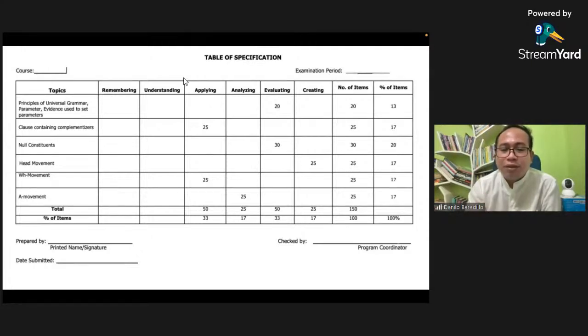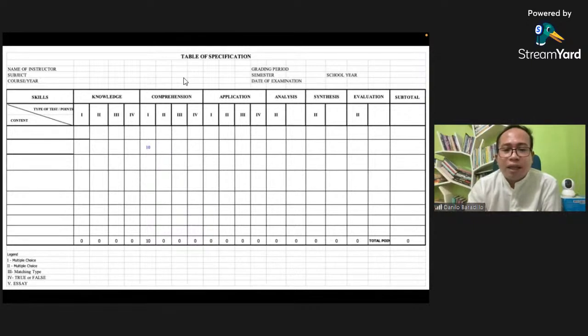But if you want to have more complicated than this, it's not complicated. The thing is, we are able to know how to place the number of items in the percentage for a particular topic. Okay, that's very much important.